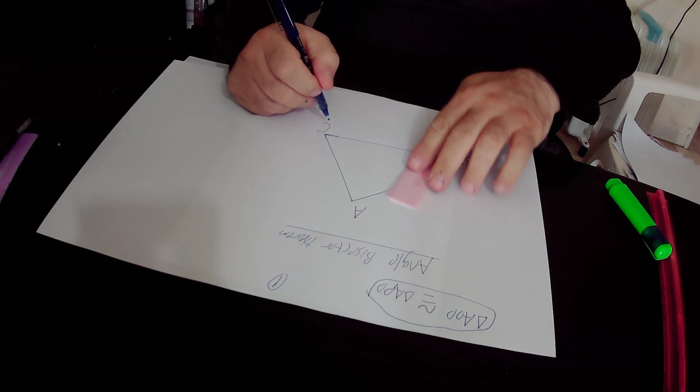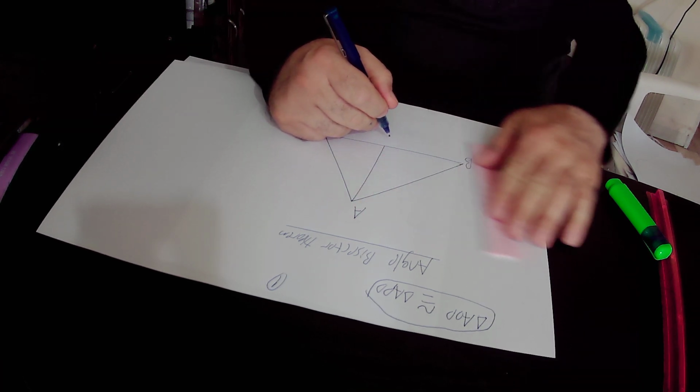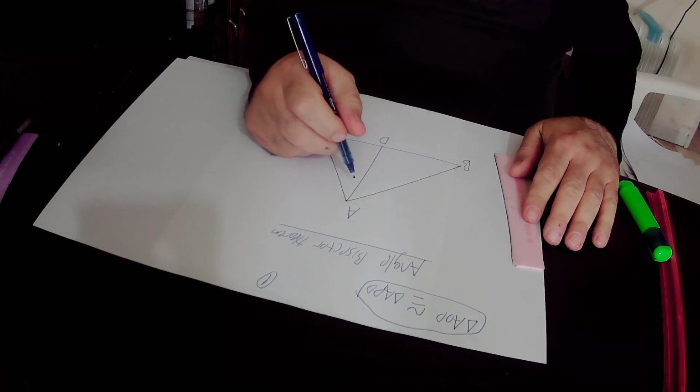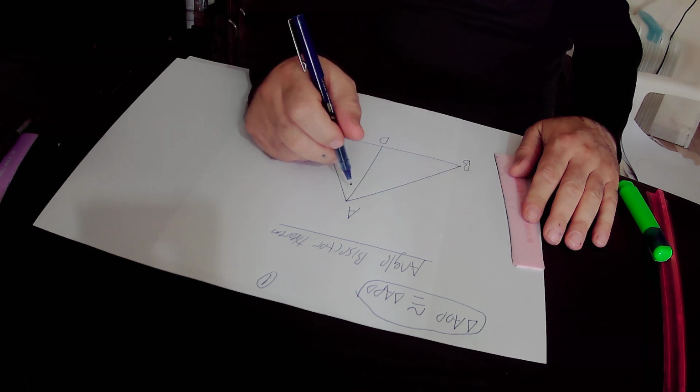And we have the angle bisector AD. Here AD is an angle bisector because it bisects angle BAC into two halves.